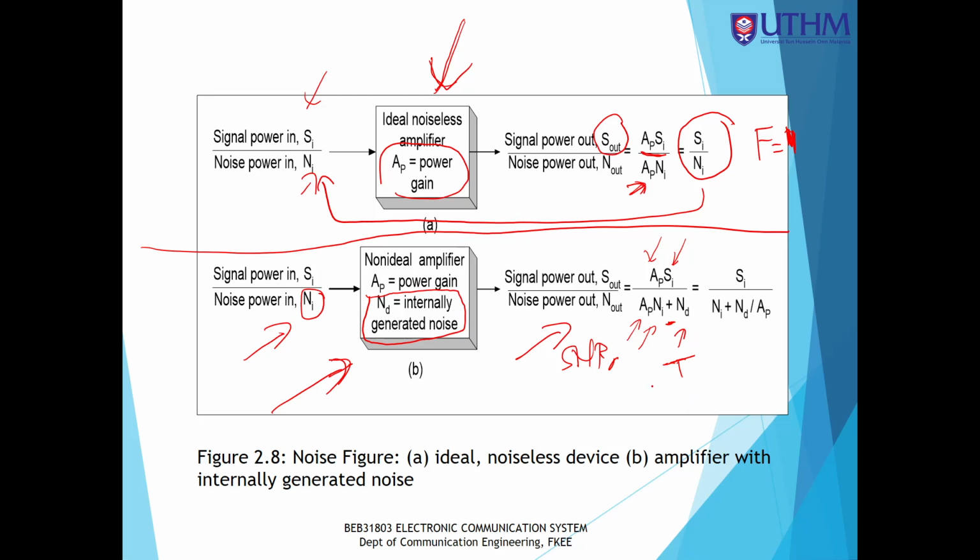So dalam kes ini SNR I is not equal, tidak sama dengan SNR O. Dalam kes ini SNRO lebih kecil daripada SNRI kerana adanya additional noise tersebut.